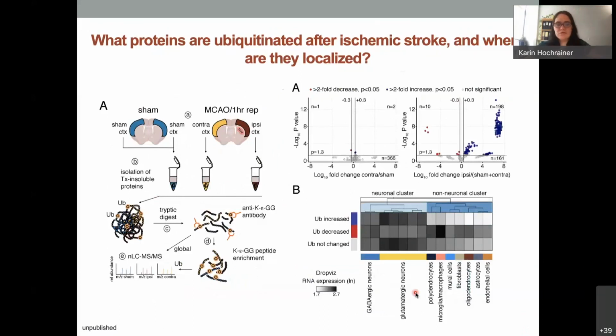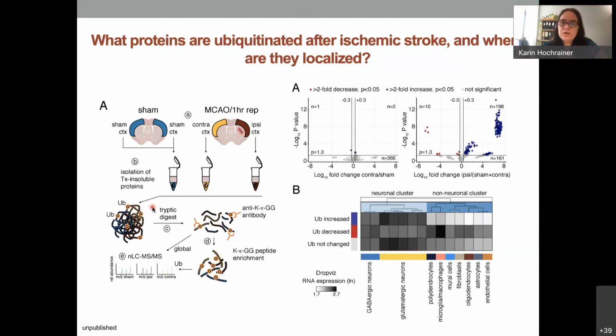Now, shifting gears, the next thing we wanted to do was identify ubiquitinated proteins after stroke. We approached that by doing mass spectrometry after ubiquitin enrichment. We took cortical strips of mice that were exposed to MCAO and 1 hour of reperfusion and of sham animals, ipsilateral and contralateral side.